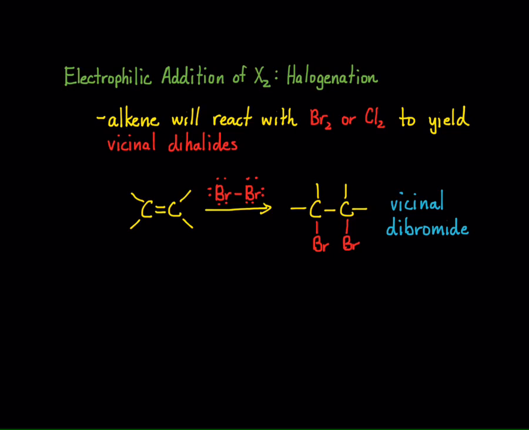Now notice I don't mention fluorine or iodine, and the reason is pretty simple: fluorine is way too reactive, it tends to catch things on fire a lot, and iodine is way too unreactive. So we generally don't use fluorine or iodine for halogenation reactions, only chlorine and bromine.